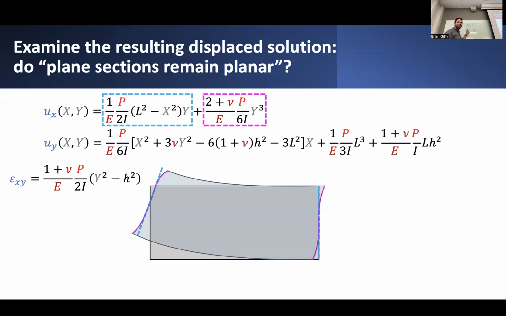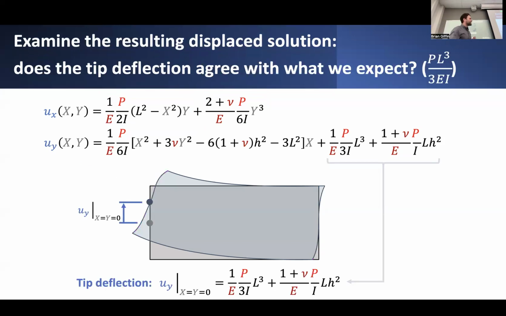But in general, the important thing to note here is that we've captured this phenomenon. We haven't made any assumptions, unlike Euler-Bernoulli beam theory. Much as Euler-Bernoulli beam theory gets a lot of stuff right, it doesn't capture the full picture. The theory of elasticity, however, approaching the solution of these problems in a fully general way, actually gives us a much more detailed description of what's going on that includes these interesting features. Now, what I want to point out also is what's going on with the tip deflection.